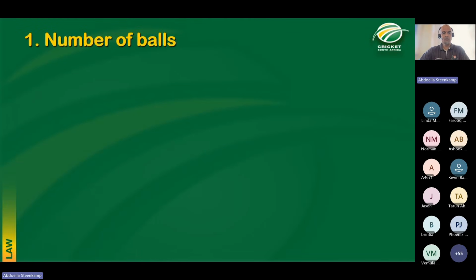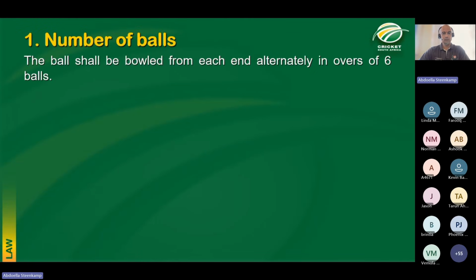When it comes to the over, 6 balls per over need to be bowled alternately from each end. When do the overs start? Does the over start when you bowl 1 ball? Or when does the over start?